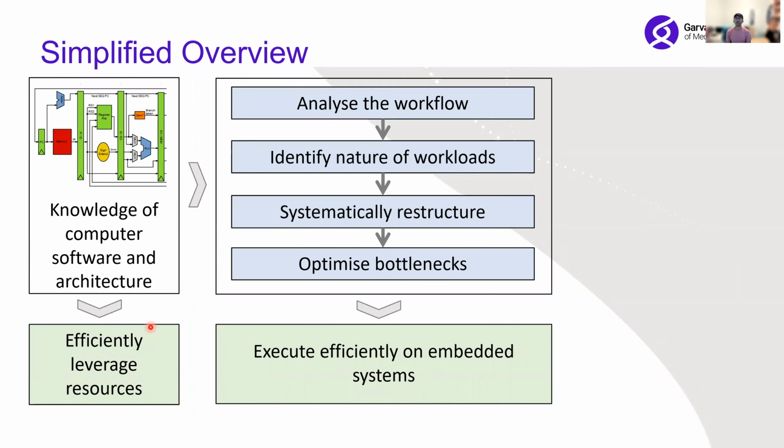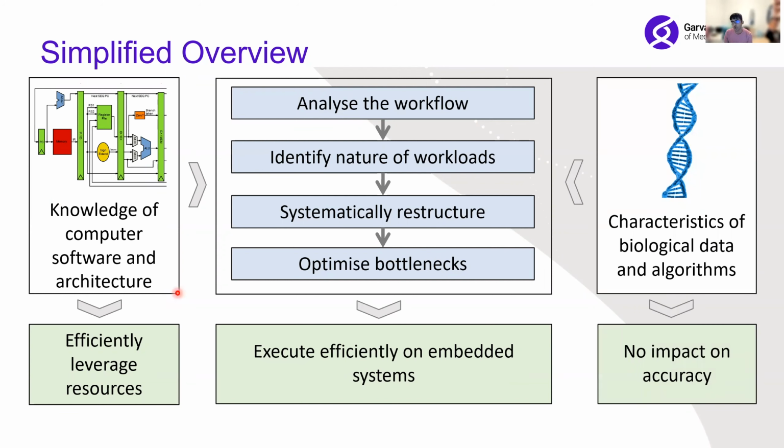Even if you have a very powerful compute system, if you don't write efficient code, it won't be effective. But if you take these into consideration, we can make sure the utilization is quite high. But there's another part to this. We should also take into consideration the characteristics of biological data and algorithms, the heuristics and parameters.